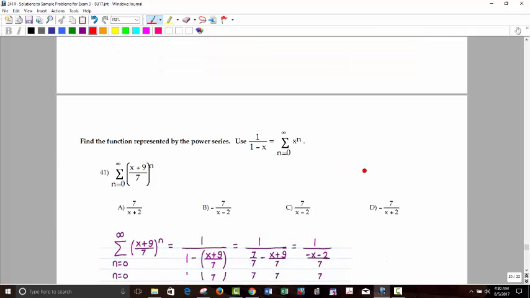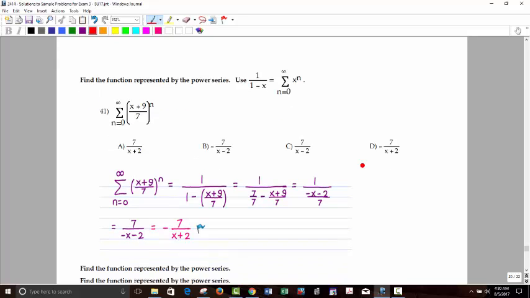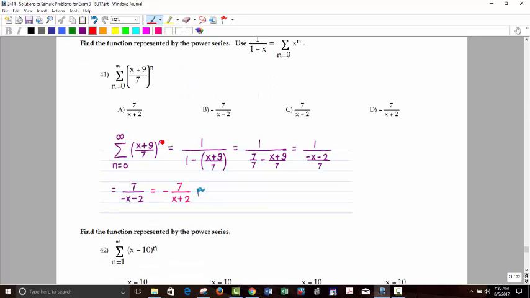Okay, this is finding a function represented by a power series. Just use geometric on this. Not too bad. So I'm using the geometric formula. You see n equals 0, and it's geometric, x plus 9 over 7 to the n. So I'm doing 1 over 1 minus x plus 9 divided by 7, excuse me, not to the 7th, divided by 7.